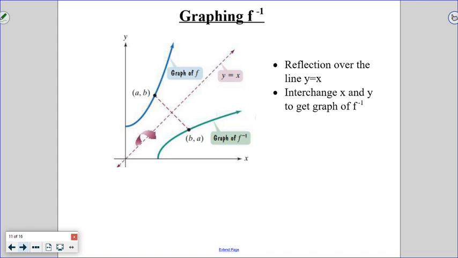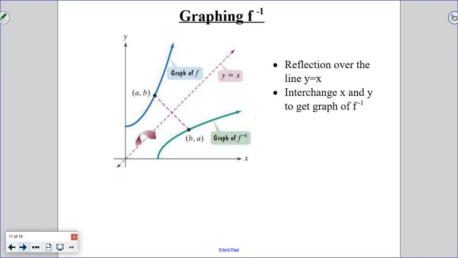Okay, now your book talks about how it is reflected over the line y equals x. So I want to show you that. Yes, an inverse and its function are reflected over the line y equals x of each other, which again maybe makes sense because y equals x, we're flip-flopping our y's and x's, right?